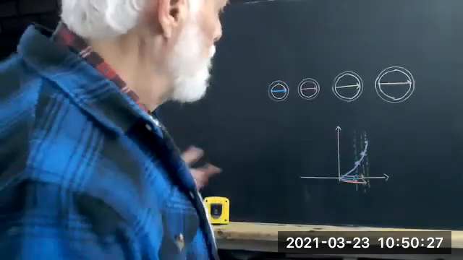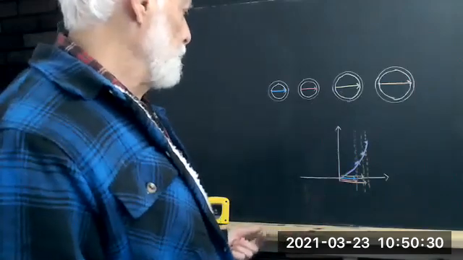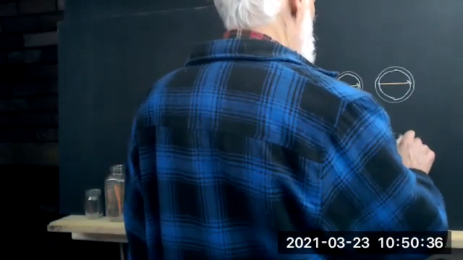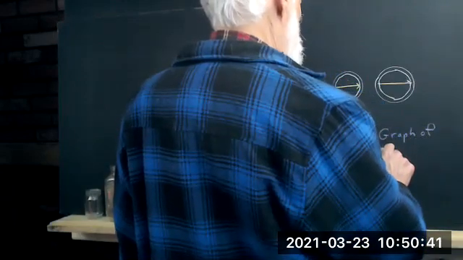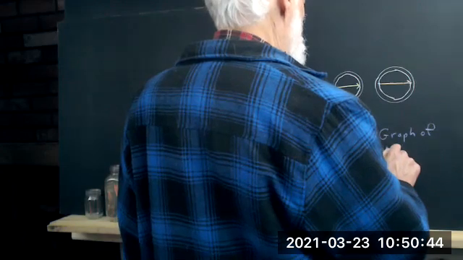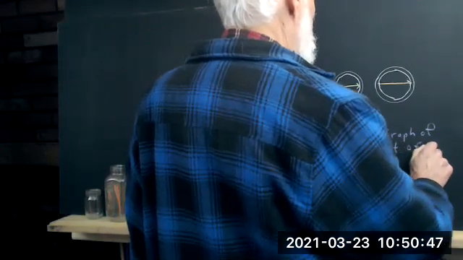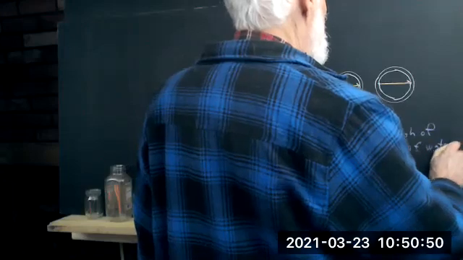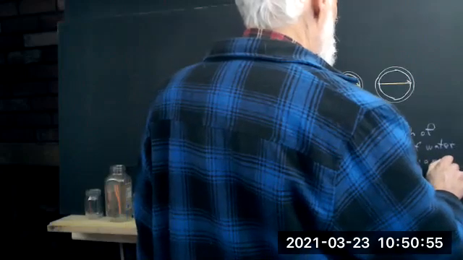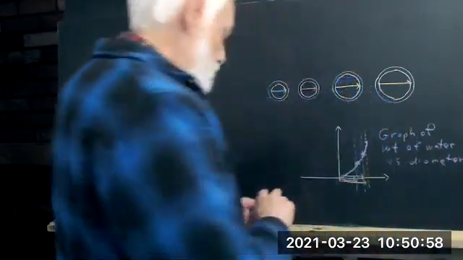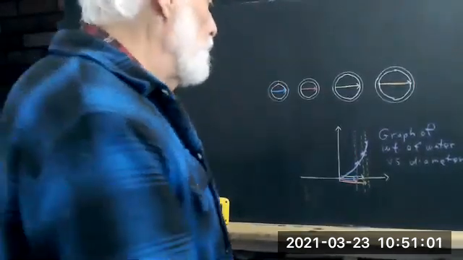That isn't very accurate. It looks a little different than this, but it has a lot of the characteristics of this graph. So the purple line is a graph of the weight of the water versus the inner diameter of the jar.